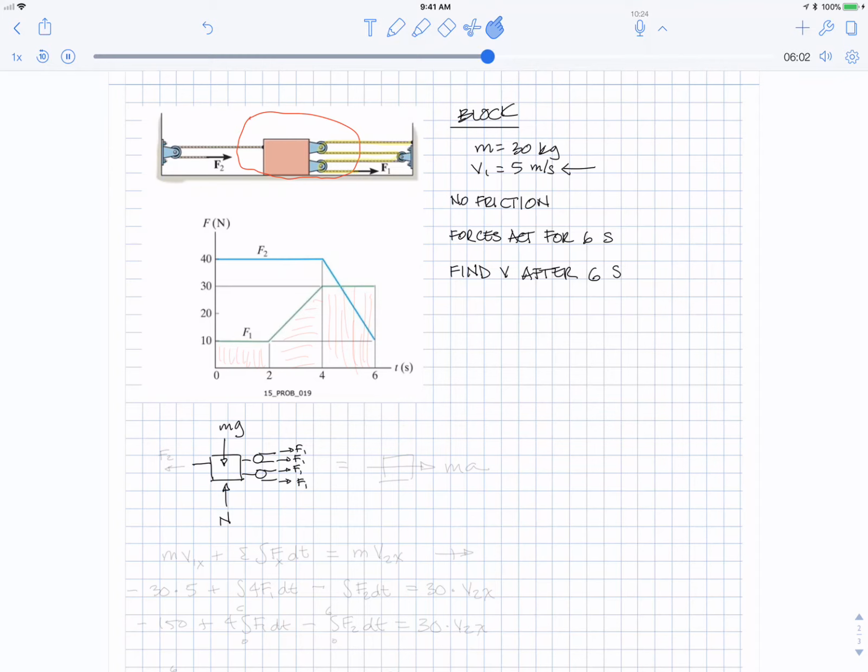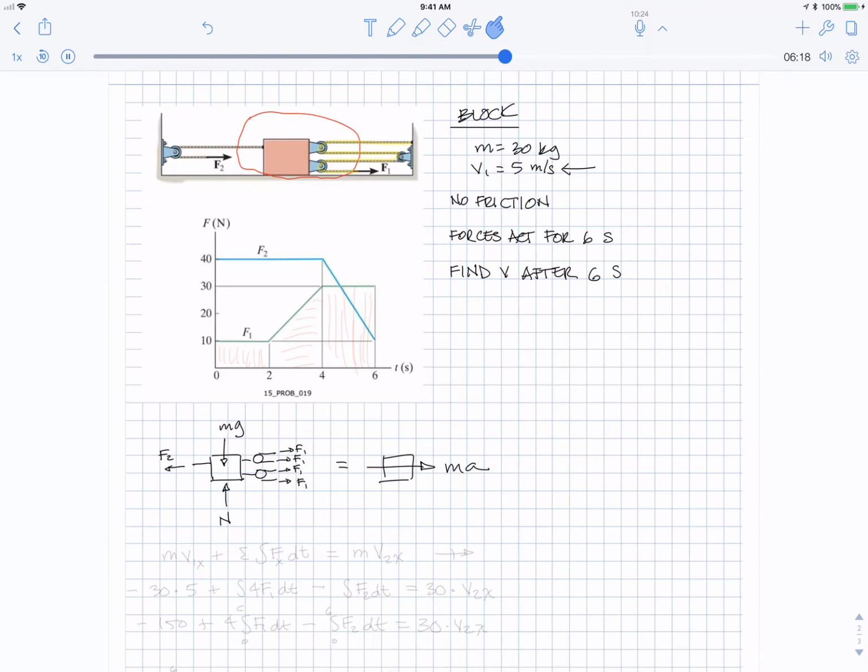On the left side, we've only cut through 1 rope, so that will be F2. Okay, and this will all equal mass times acceleration, but because we're using momentum, we won't use that.